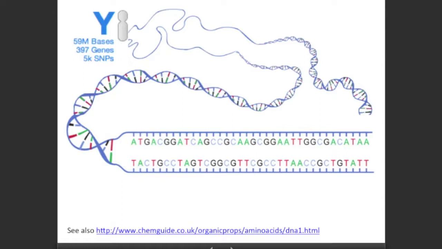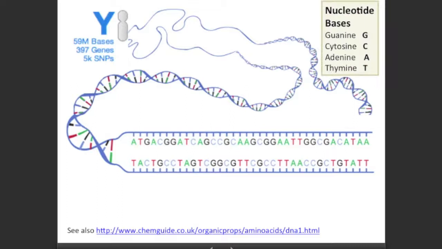But here is the Y chromosome, its short arm, its long arm, and if we unravel it, we see the classical double helix of DNA, looking like, if we straighten it out, a ladder or a railway track, and each of the rungs on the ladder is made up of a base pair, a pair of bases.